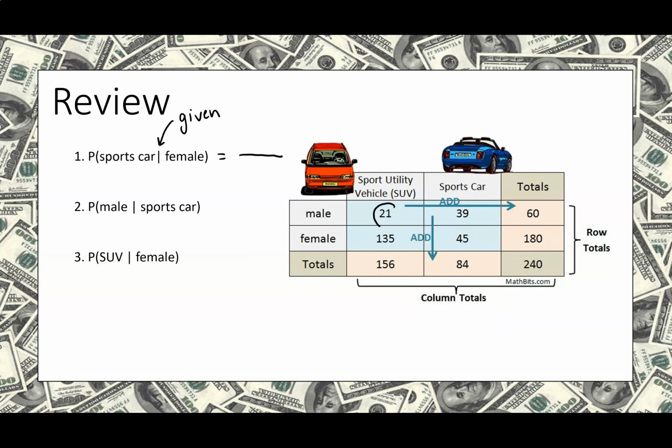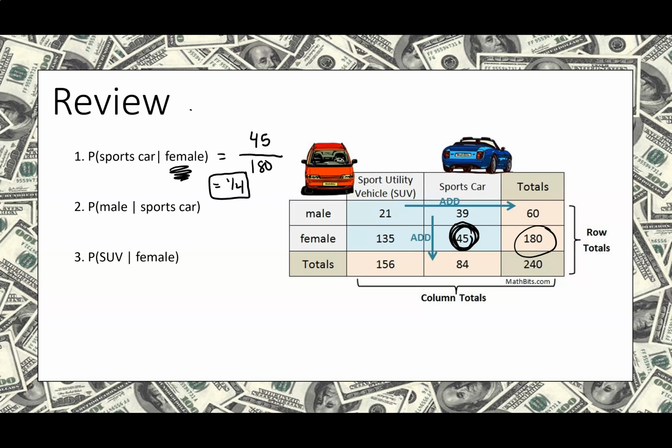Sports car and female is right here, 45. So that'd be 45 divided by the total number of females. It's always divided by that last thing. Well, how many females are there total? There's 180. And does that reduce? Yes, it does. It reduces to 1/4.